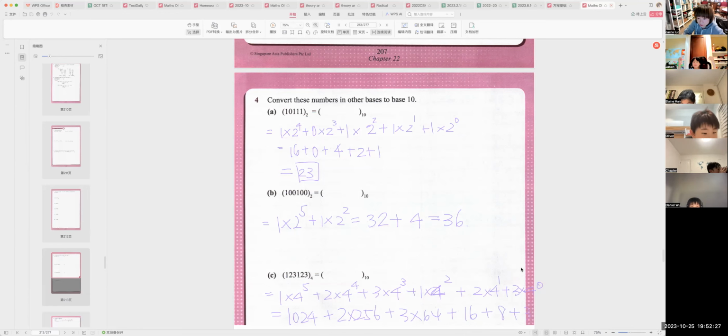Okay, so 64 times 3 equals 192, and 2 times 256 is 512, and this one's 1024. So 192 plus 512 plus 1024 plus 16 plus 8 plus 3 equals 1755.